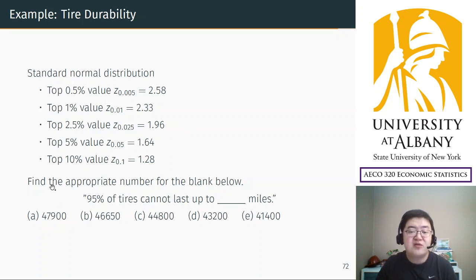And we would like to say something like this: 95% of tires cannot last up to this many miles. What is the number for this blank? Which number do you think is appropriate for this blank? Pause the video, and this is the last question, try your best, and I'm going to proceed. 1, 2, and 3.